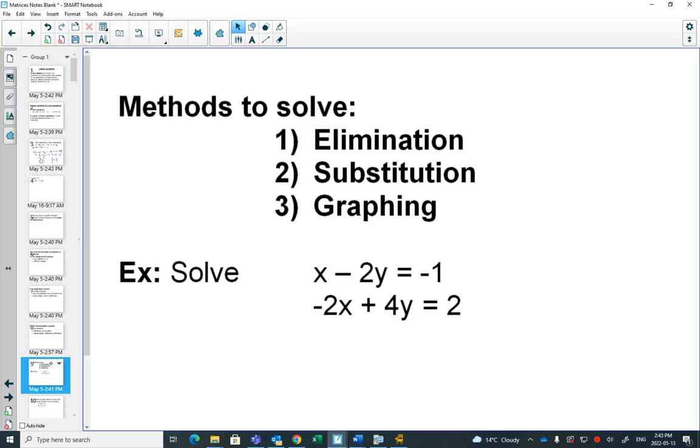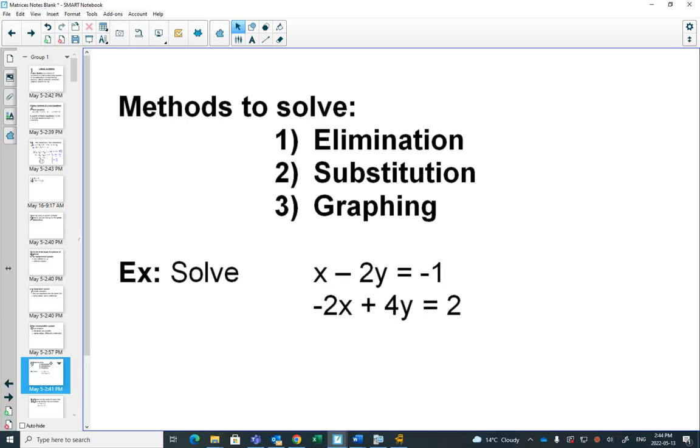So since I used substitution on my first equation, I'm going to show you what it looks like to use elimination for the second one. For elimination, your goal is to have the same coefficients in front of the same variable, but usually I like to have one positive and one negative.